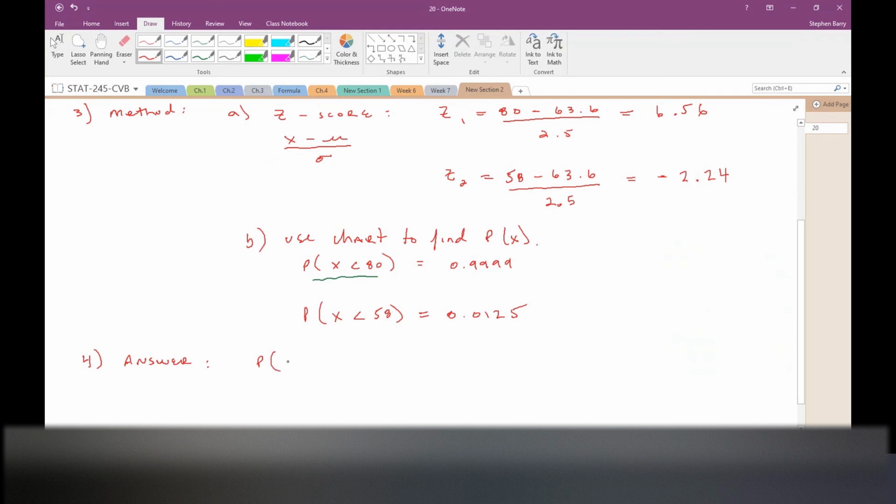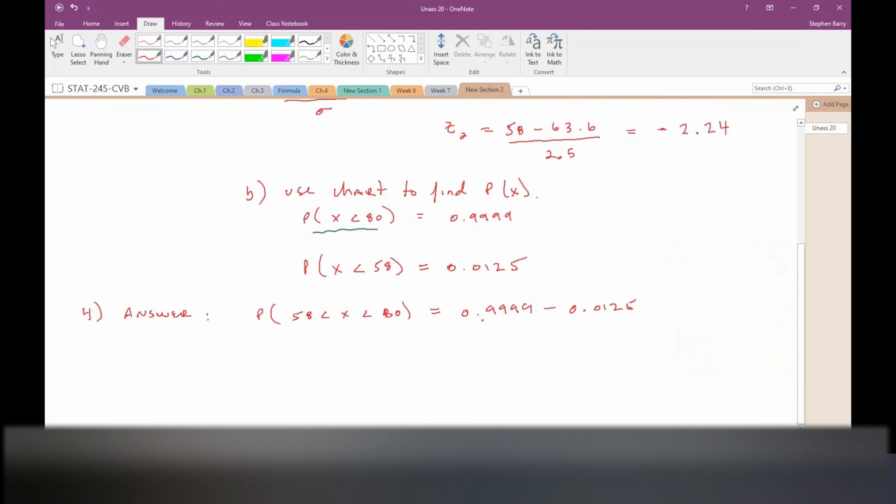The probability of X being between these two values will be 0.9999 minus 0.0125, which gives me 0.9874.